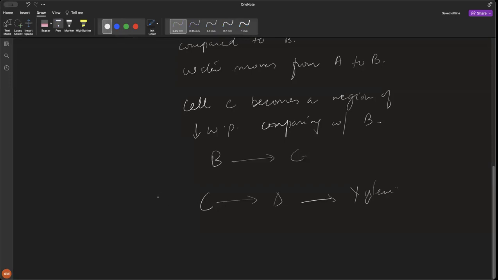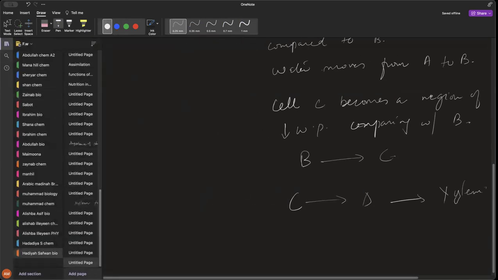So this is how basically water tends to move up to the xylem vessel, right? I want to highlight a few points over here. Adaptations.